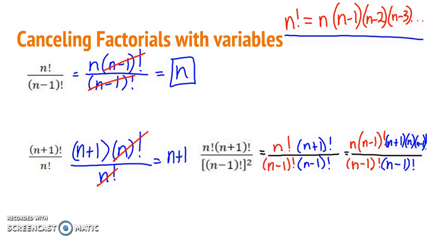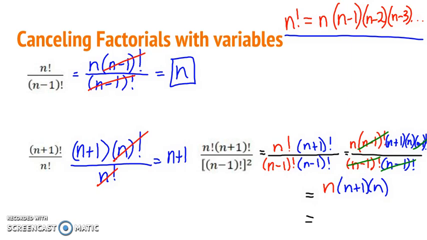So now that I've expanded those, I could cancel these n minus 1 factorials together, and I could cancel these n minus 1 factorials together. So I'm left with an n times an n plus 1 times an n.